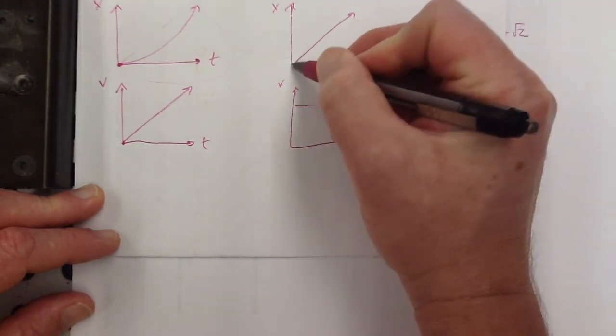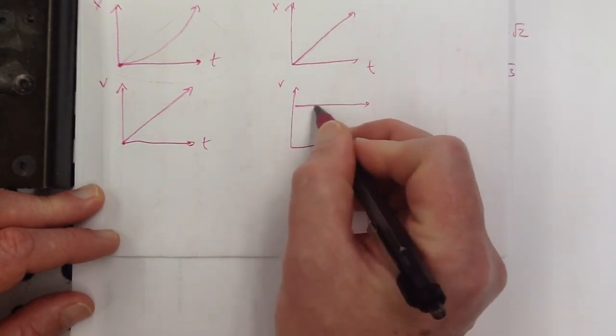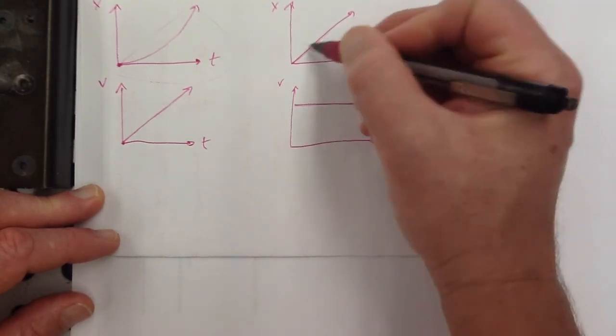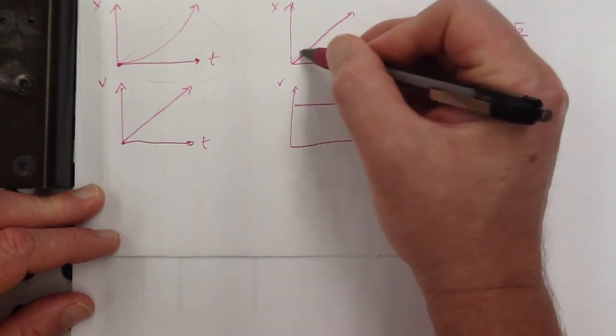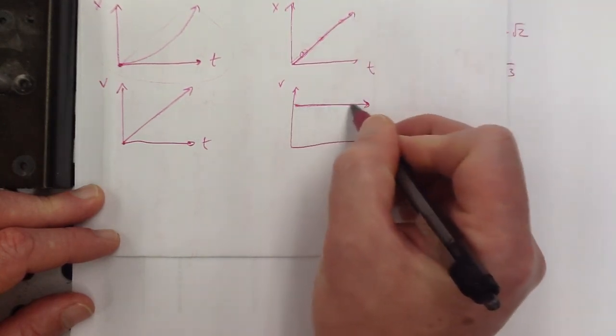And the slope of this line right here is not changing. What's the slope? It's the same, the same, the same. The slope of the line is just a number, and the slope of it right here, and right here, and right here is just the same number.